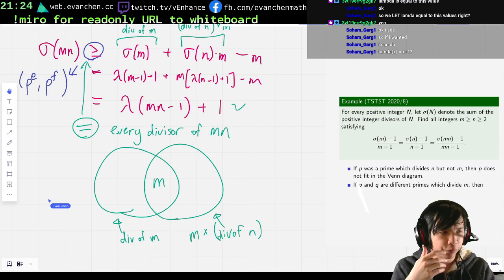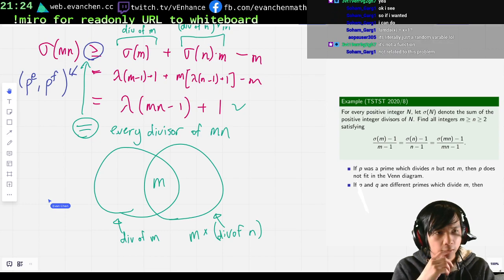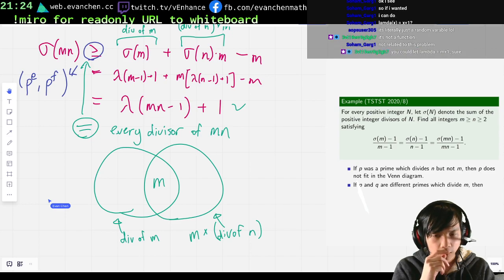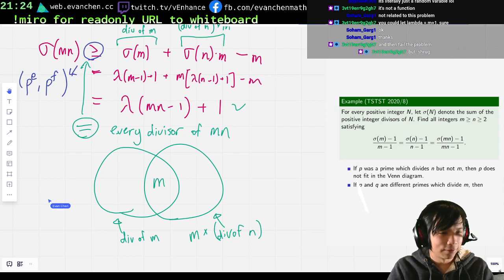Or there'll be some divisor that doesn't fit. Let me think what it is. I'm suddenly blanking. Someone help me out here. Okay, so 15, 15, 25.